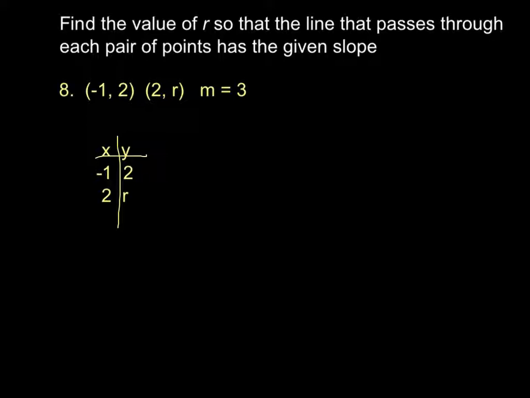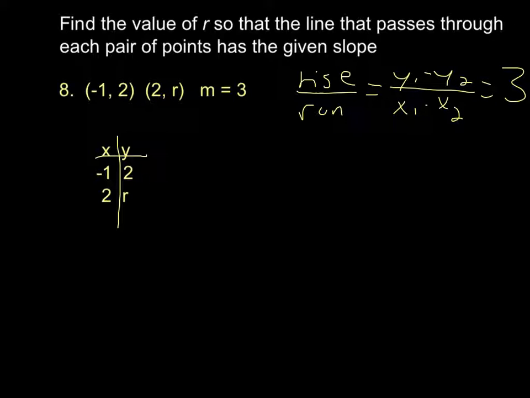The slope, rise over run, equals the difference in y's over the difference in x's equals 3. Another way of writing that, of course, is 3 over 1. Our difference in y's is 2 minus r.